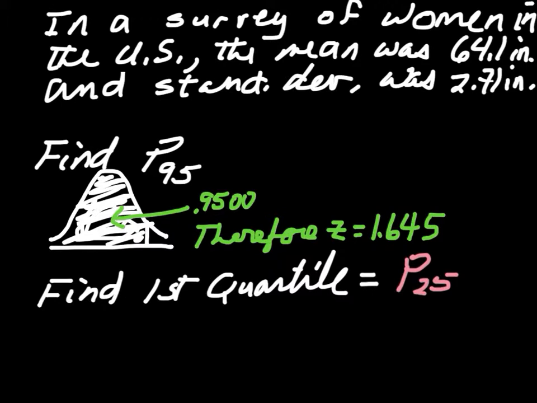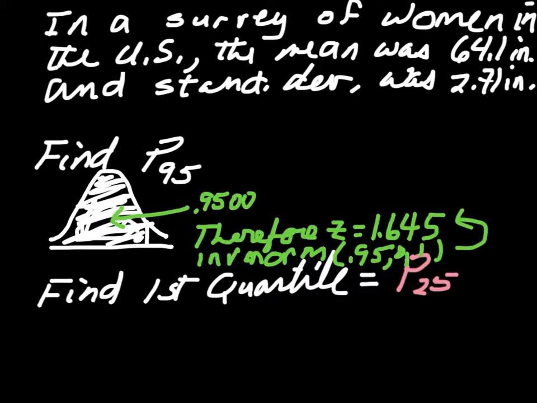So I got the z equals 1.645 from the table, and that is the same number I get when I use the inverse normal. And just so you know, the inverse normal statement would look like this: inverse norm 0.95, 0, 1, and that's also equal to 1.645.